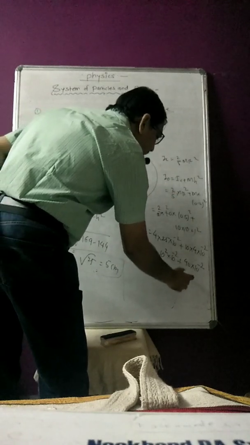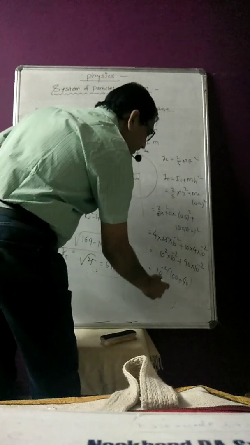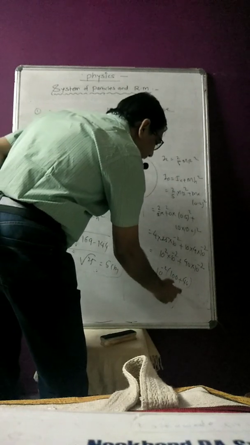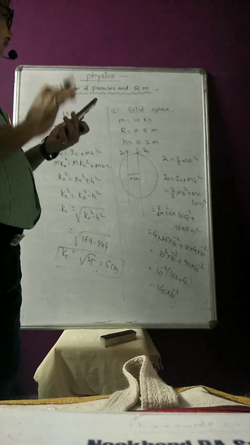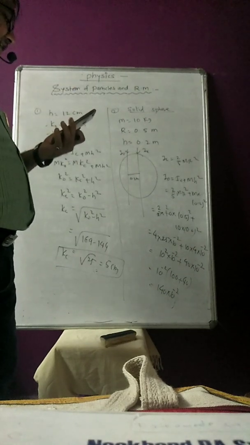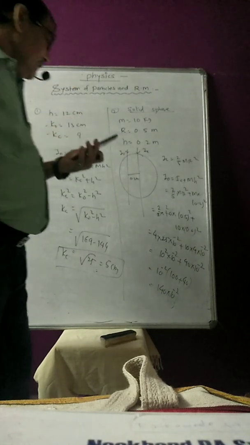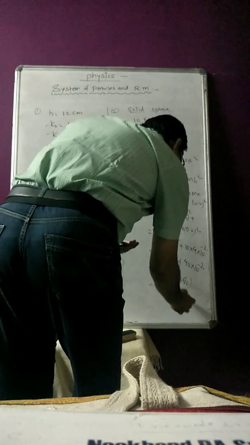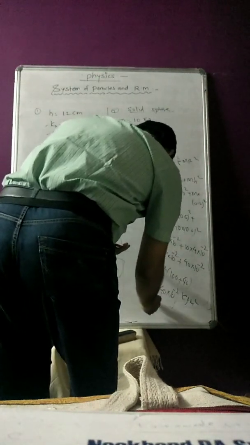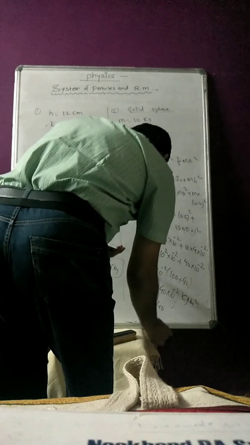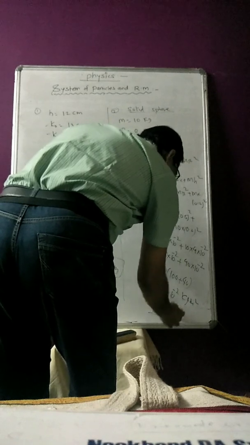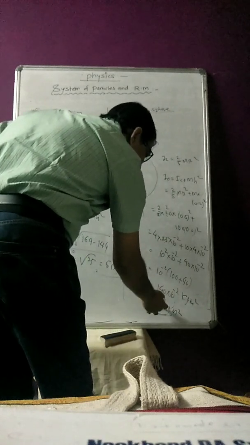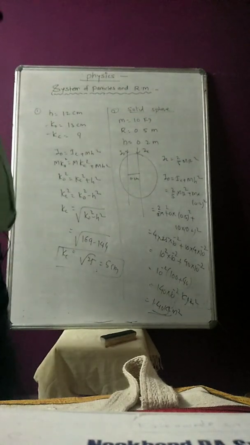So 100 plus 40, your answer will be 140 into 10 raised to minus 2 kg meter square, or the answer he has given, 1.40 kg meter square. That is correct, because if you divide by 100, the answer becomes 1.40. So that was your second problem.